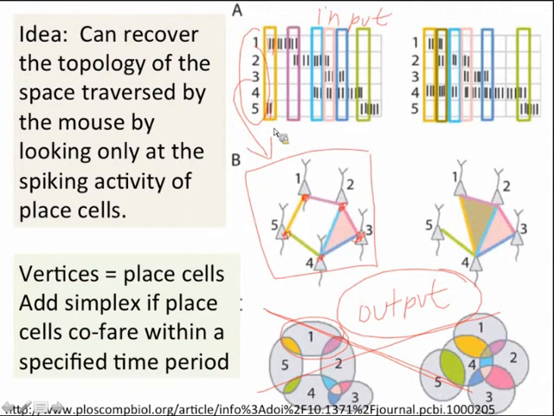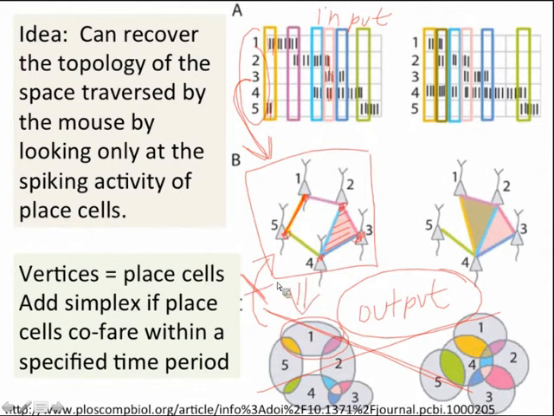So if they both have spiking within the same time period, we can draw an edge. If 3 of them have spiking within this time interval, then we can draw a triangle, and so we can get the simplicial complex that way instead of this way. So we don't have this information right here, so we need to get it from the input, the spike train data, and then we can determine the topology.